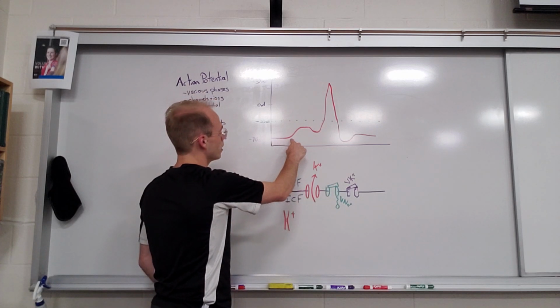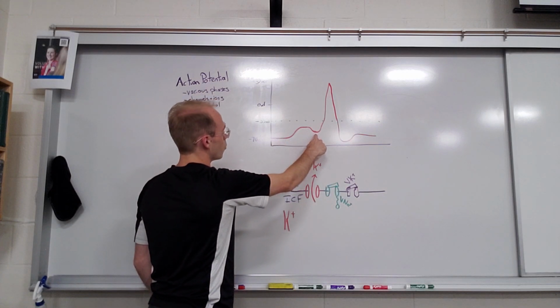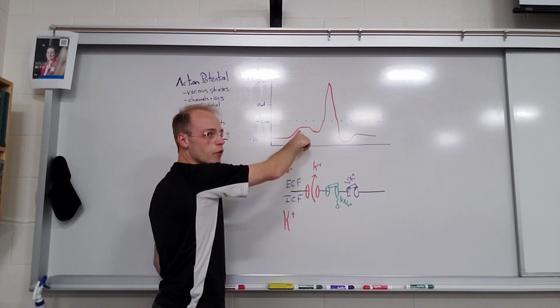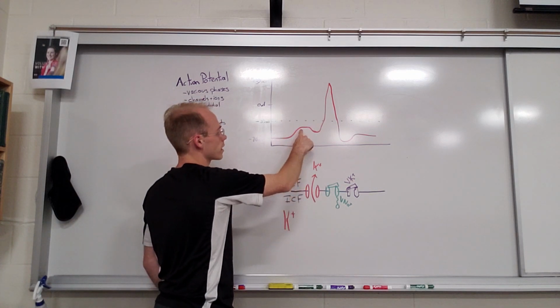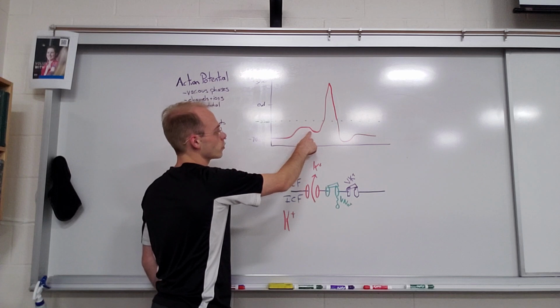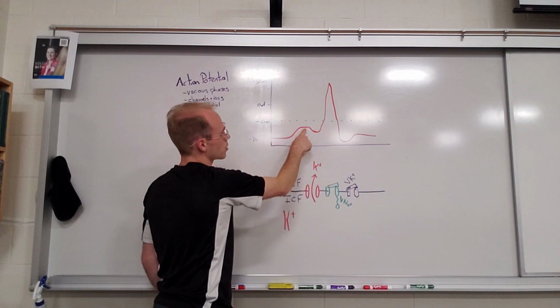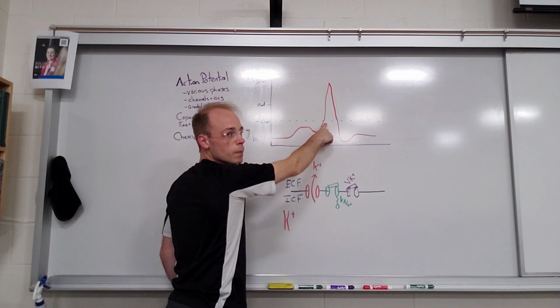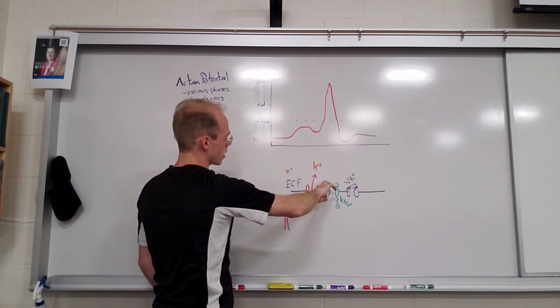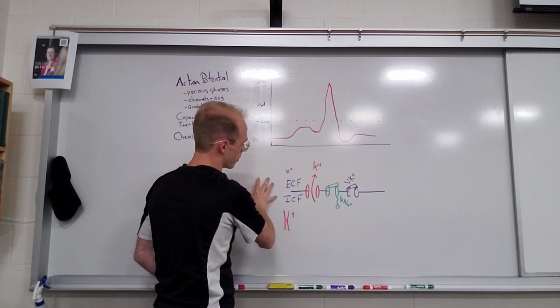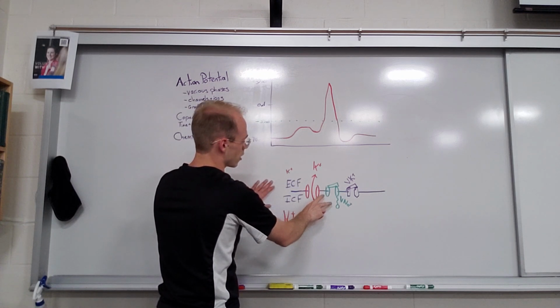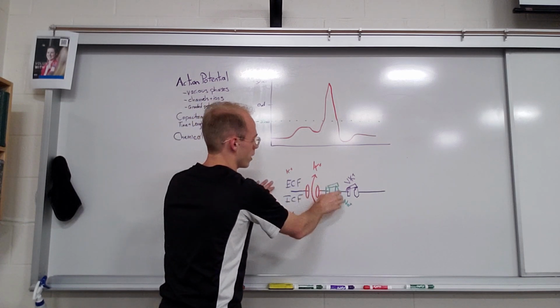So right here, this little bump would be like some neuron in front of it trying to get it to send a signal, but it's not enough of a voltage change to actually reach threshold. So then it goes back down and then say it sends another signal. That is enough, enough sodium is coming in and causing a voltage change where this will then open.